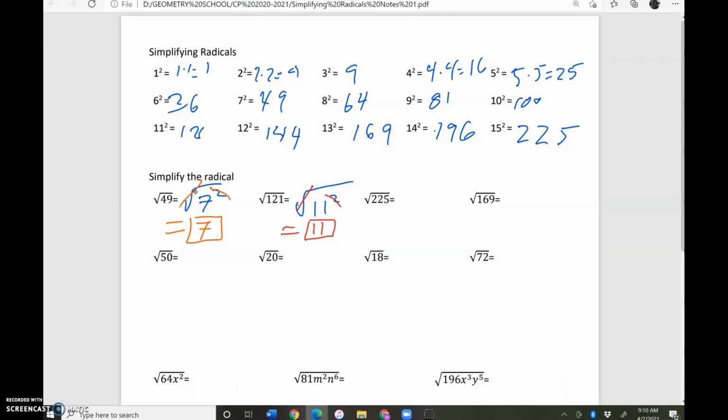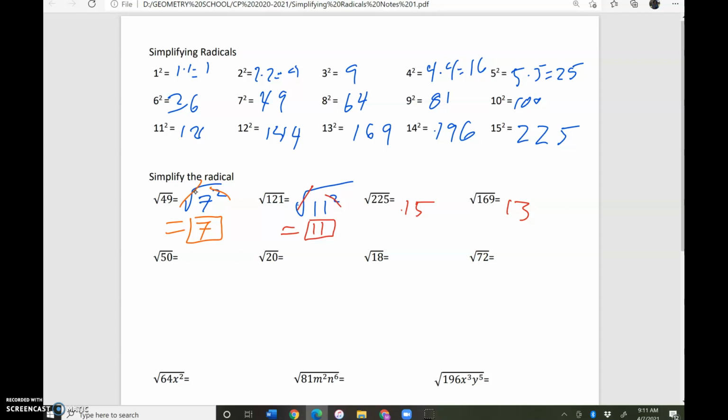Okay, so this makes sense. If these are perfect squares, it makes it very easy for us to find the answer. So the square root of 225 would give us 15. The square root of 169 would give us 13. So the ones that are perfect squares, we don't have to show a lot of work.